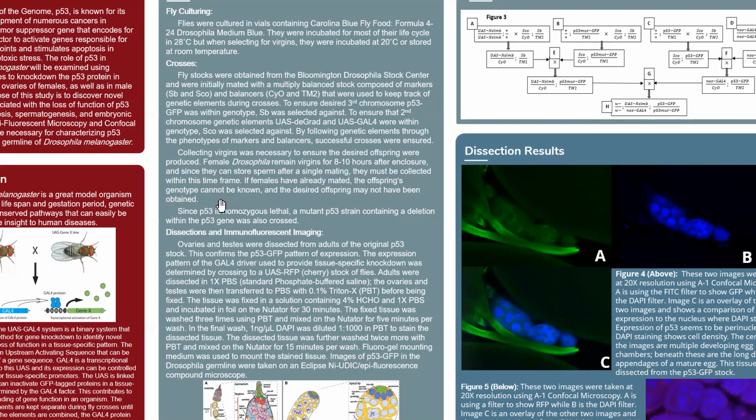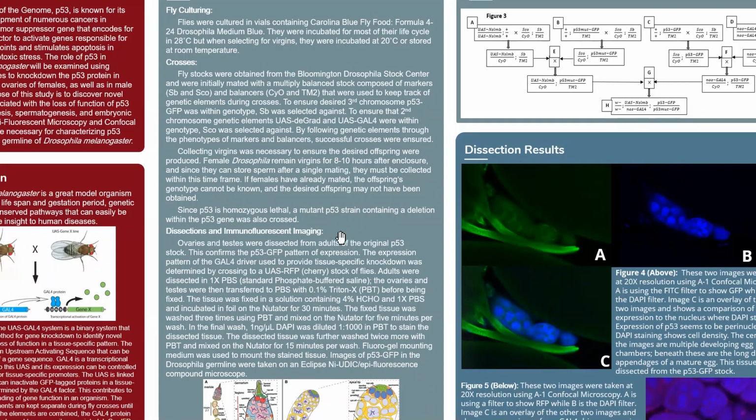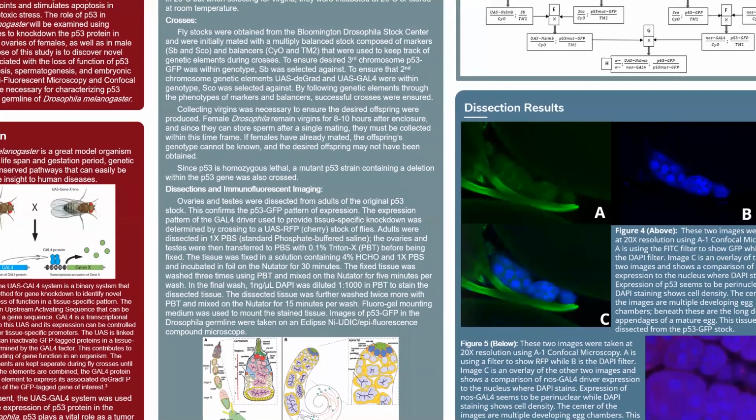If they store this sperm, then they can mix the genetic material of multiple fathers, and so then we wouldn't know if we had our desired offspring. And also, since p53 is homozygous lethal, we also obtained a mutant p53 strain, which contains a deletion, so that in our final fly, we don't have homozygous lethality.